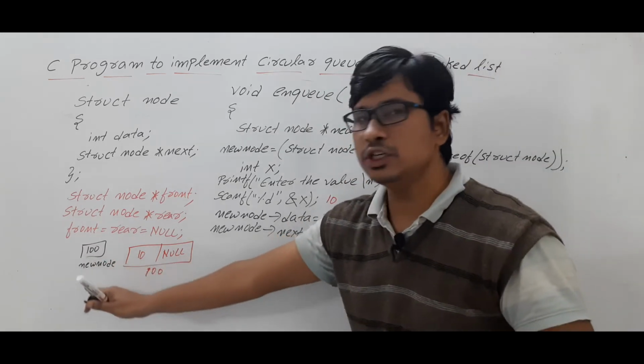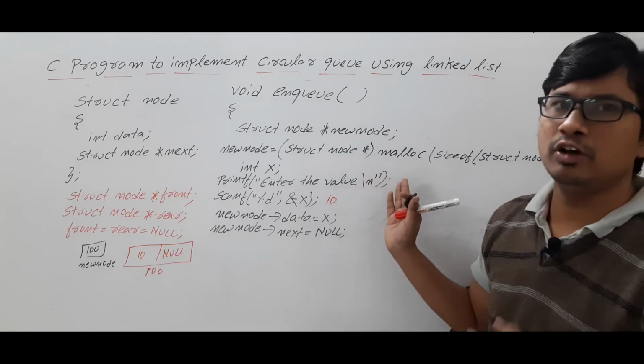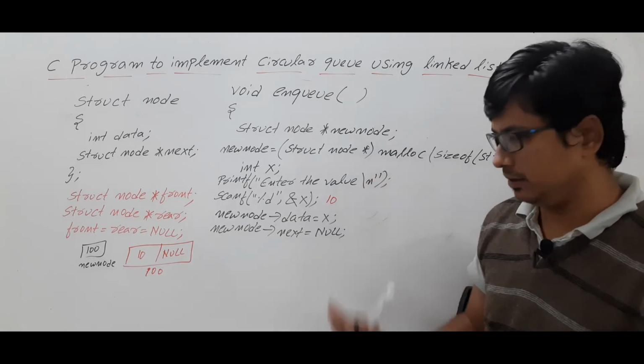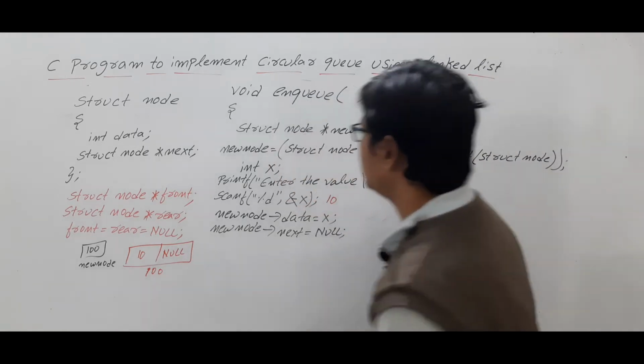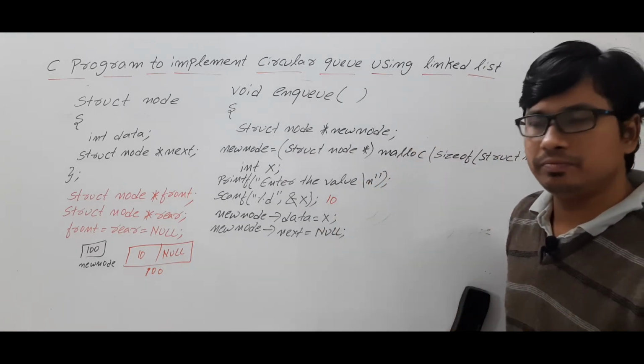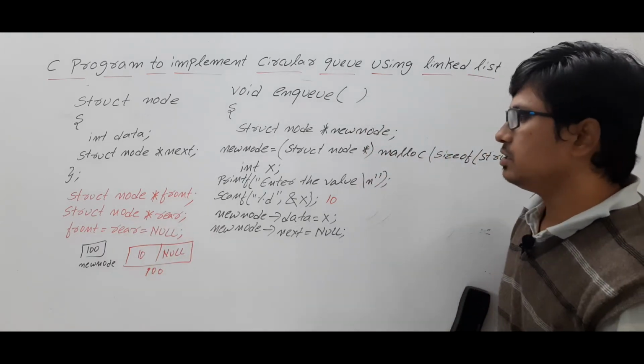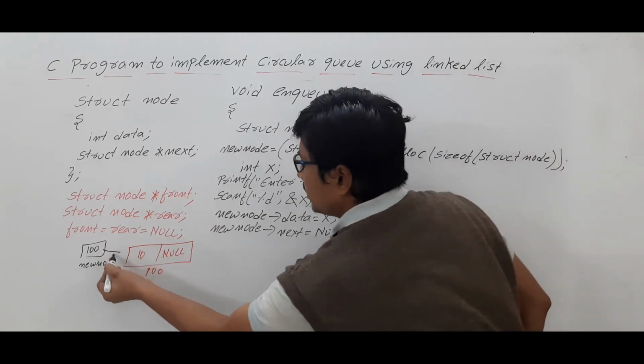If new node is equal to null, then due to some issue the malloc function could not allocate the memory dynamically. Is it clear? So this function will either return null or return the address of the allocated memory. So this is pointing to this node.